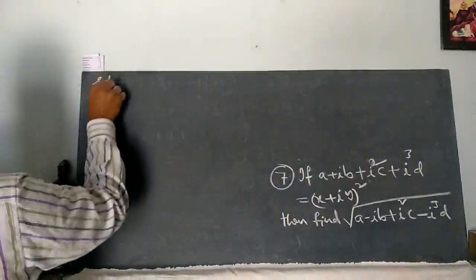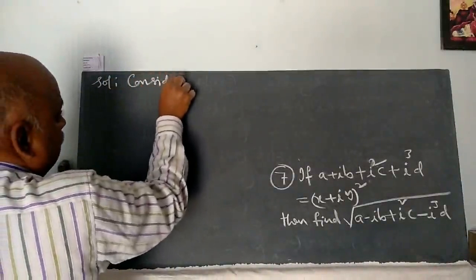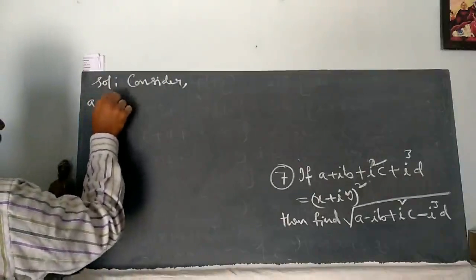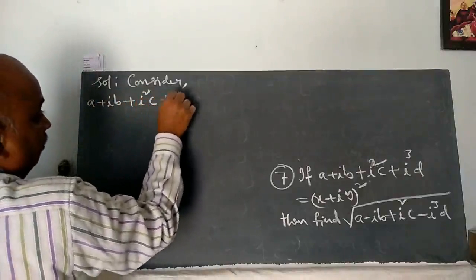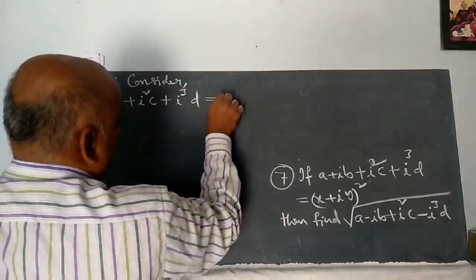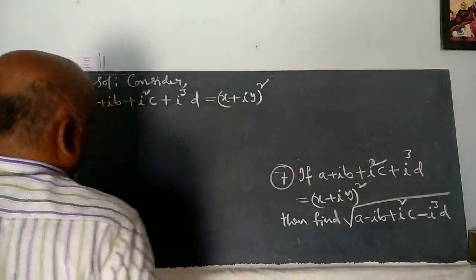Solution. Consider (a + ib + i²c + i³d) = (x + iy)².